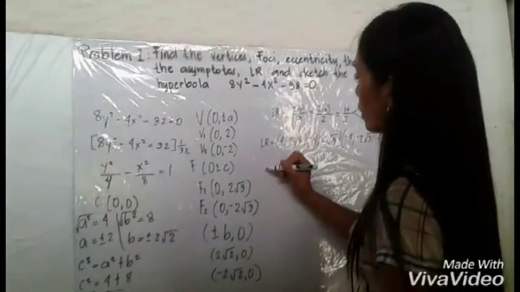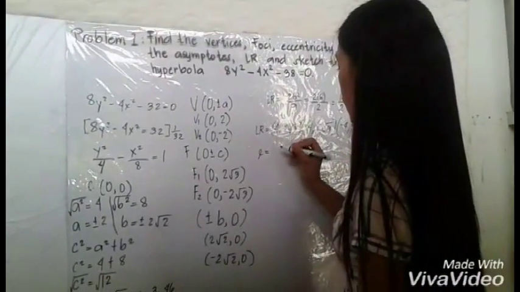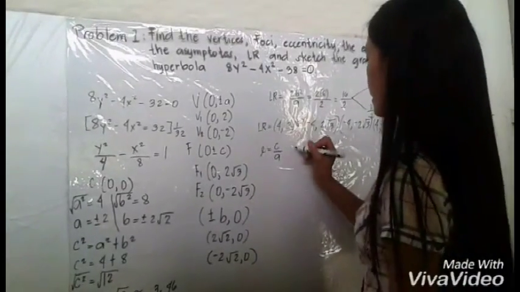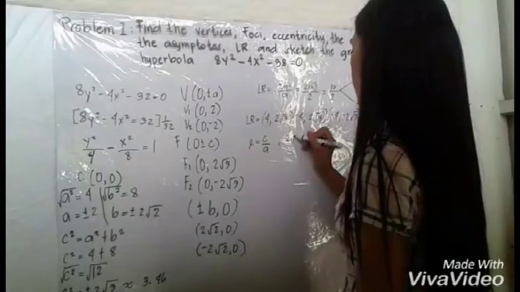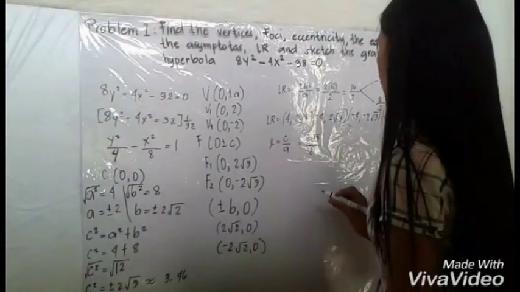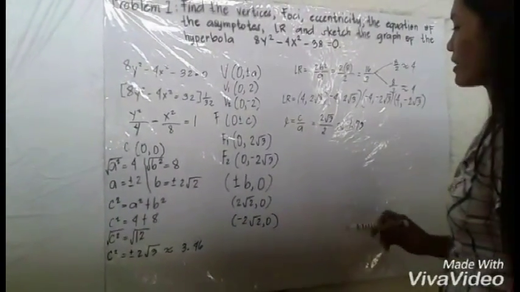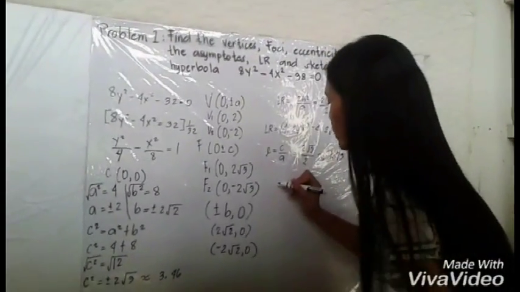Now we are going to find our eccentricity by the given formula. e is equal to c over a, since the value of our c is 2 square root of 3 and the value of our a is 2. And now we're going to find the endpoints of the asymptote by the given formula.